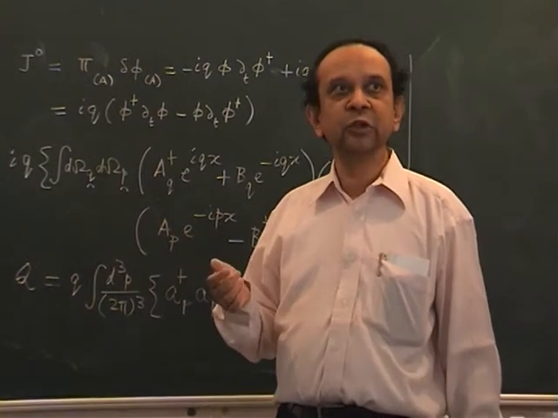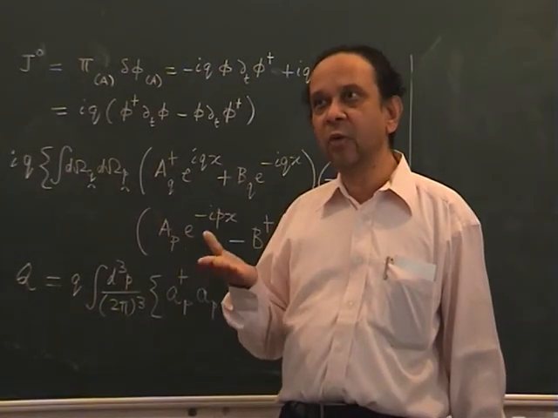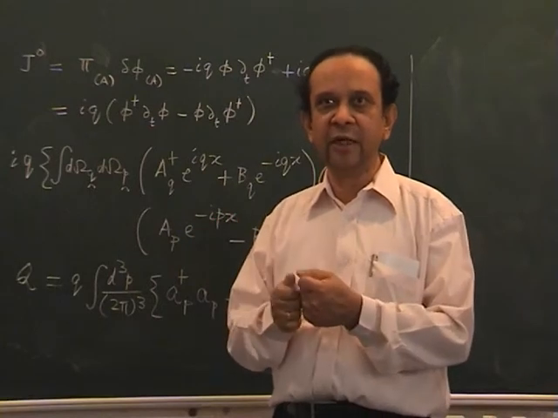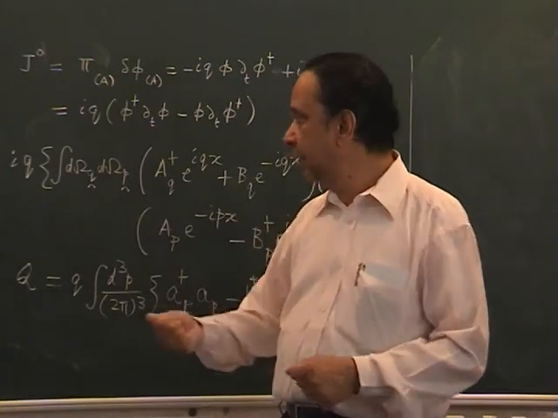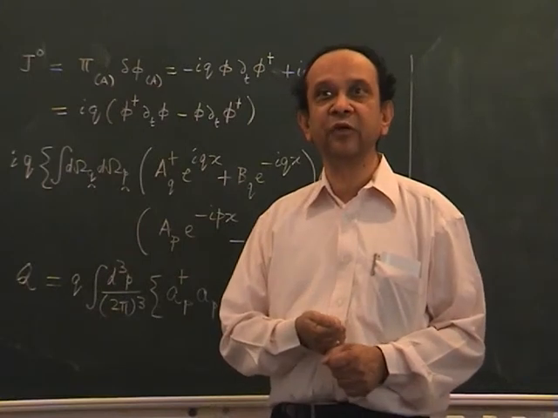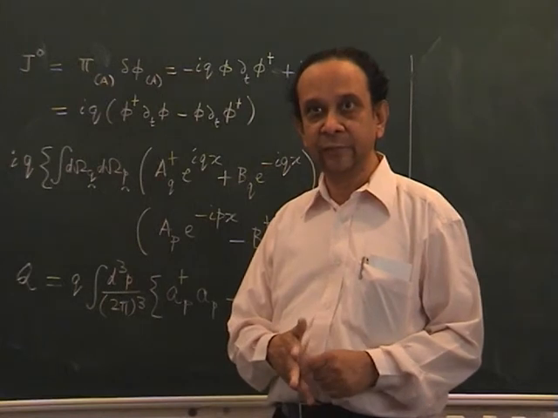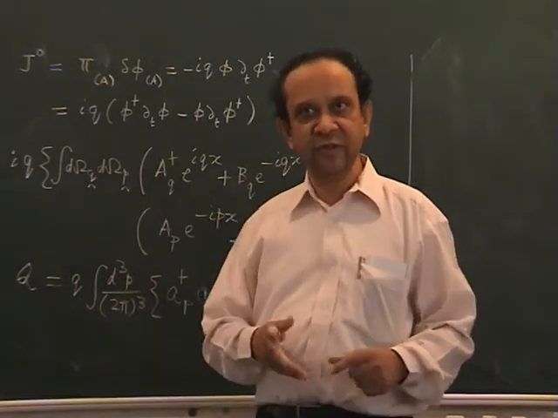So the moment you use the wrong statistics, using anti-commutators instead of commutators, the Hamiltonian no longer will be positive definite. It can go arbitrarily negative, while the charge will remain positive.